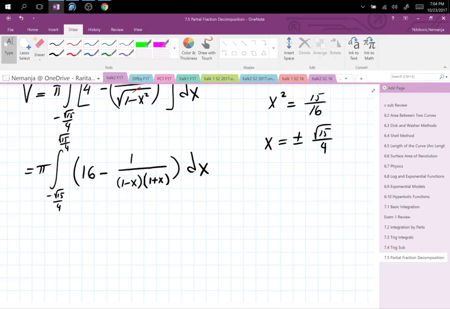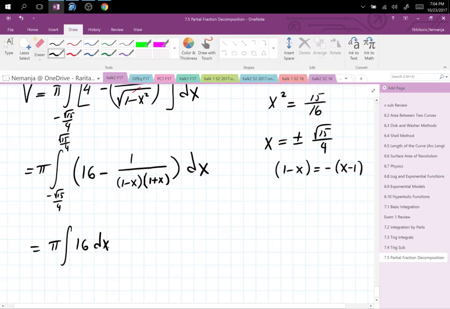Now there's an issue with this one, which is 1 minus x. You need x minus 1. So 1 minus x is actually negative x minus 1, so you can kick negative outside. We have two integrals. The first integral is just 16 dx, easy.